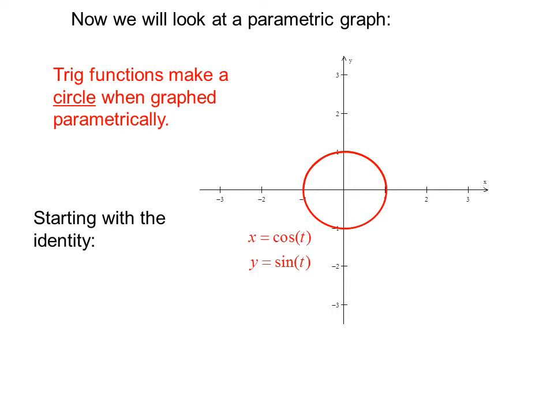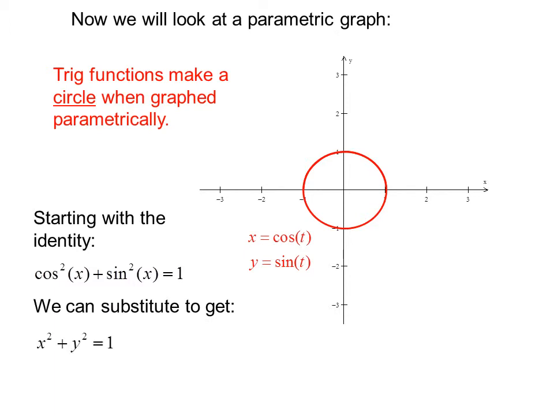Starting with the identity cosine squared x plus sine squared x equals 1, which we could also have written as cosine squared t plus sine squared t equals 1. We can substitute to get x squared plus y squared equals 1, which is the equation of a circle with radius 1.